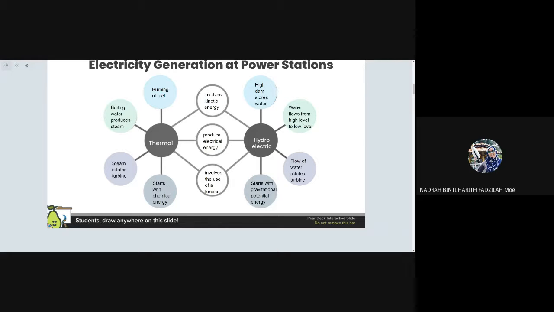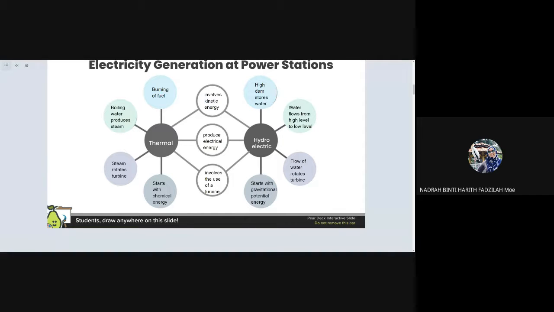Tapi for hydroelectric, dia punya proses ialah water flows from high level to low level.